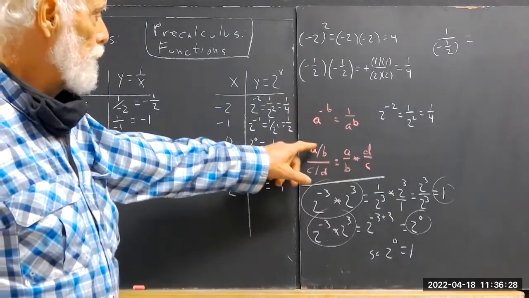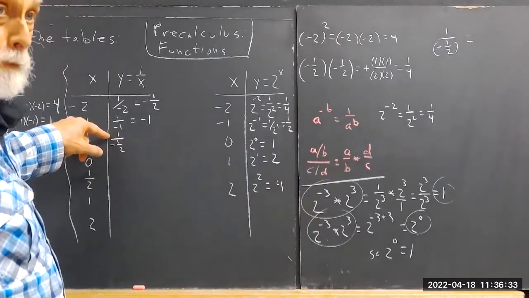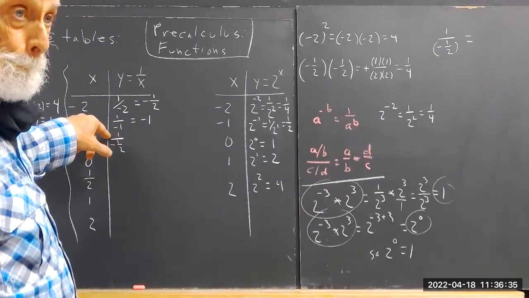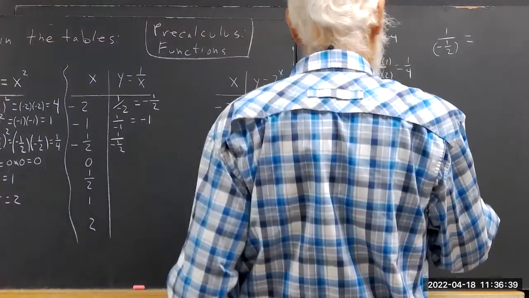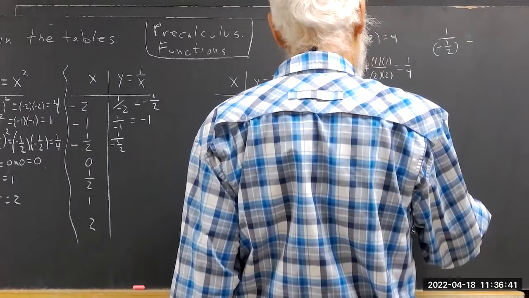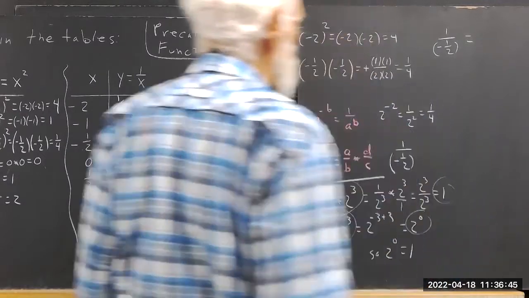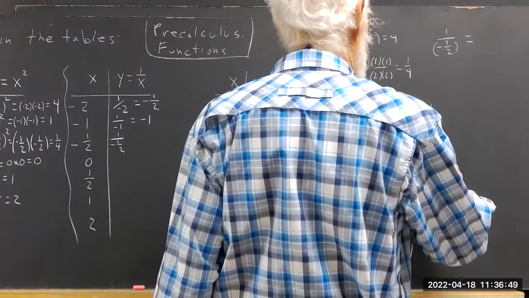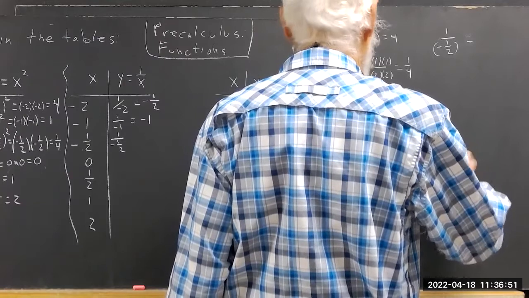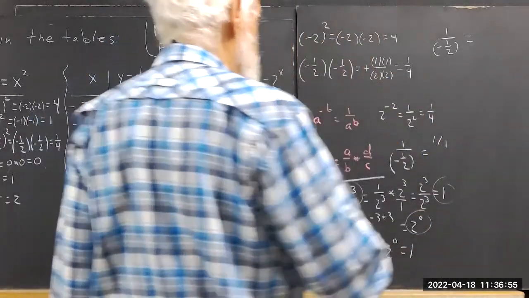Now the numerator here is a over b, but that's just like 1 over 1, right? So we could adapt this rule. Let's write it out. 1 over negative 1/2: we could write the numerator as a fraction, just to put it in this form. 1 is the same as 1 divided by 1.